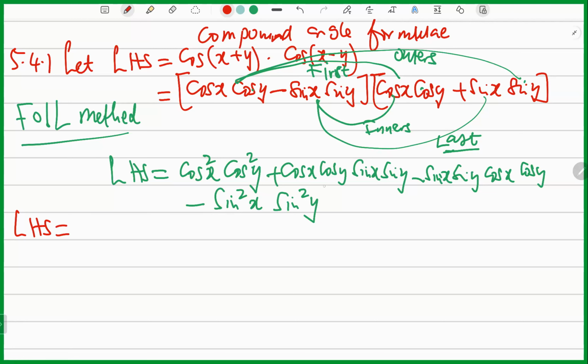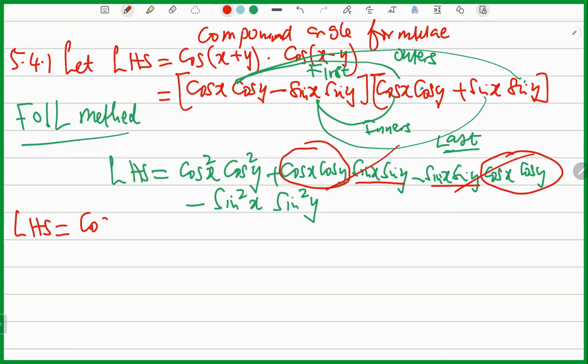Now, this one has sine x, sine y, sine x, sine y. It has cosine x, cosine y, cosine x, cosine y, and these things are just subtracted, and these give us 0. They are like terms with a minus in the middle.